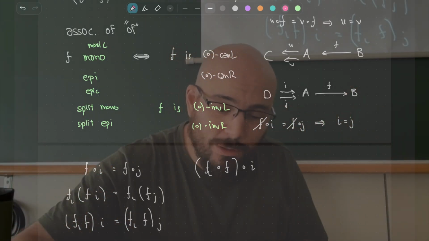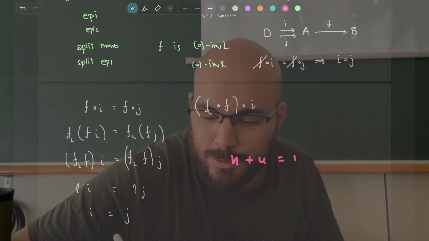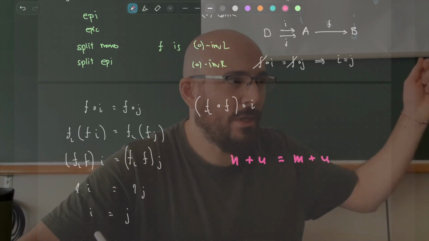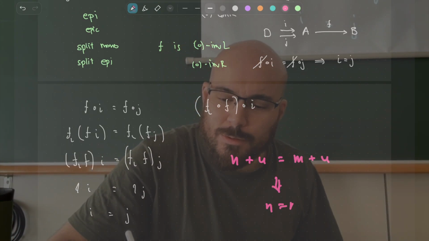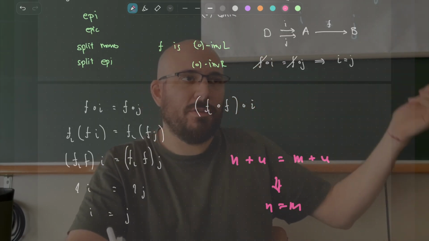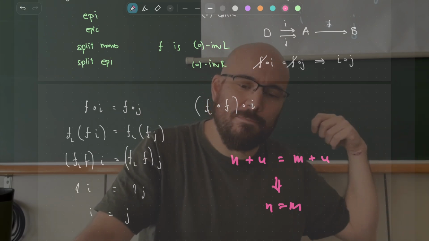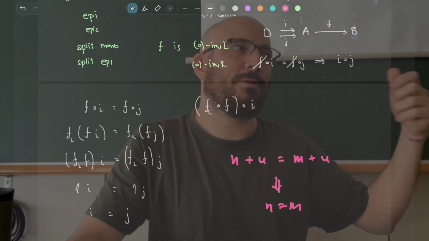The cancellation law holds. If you have n plus u is equal to m plus u in the natural numbers, so you don't have inverses, it is the case that n is equal to m. You have the cancellation law, you don't have inverses. So if you can prove the cancellation law without inverses, you are better off.